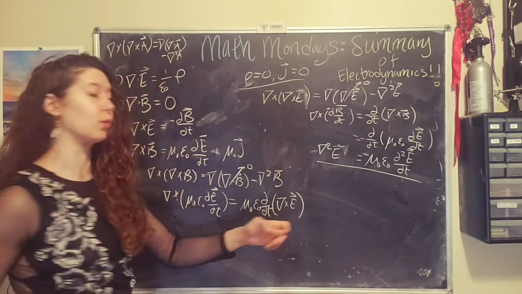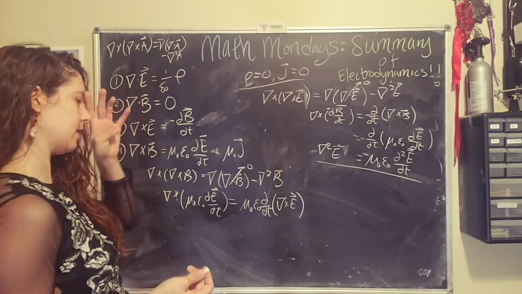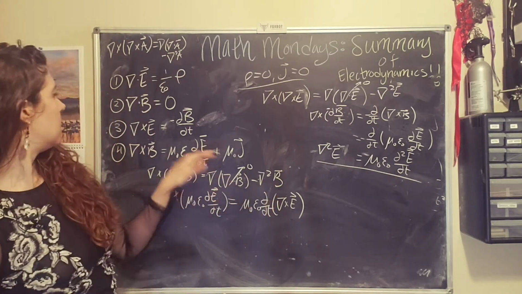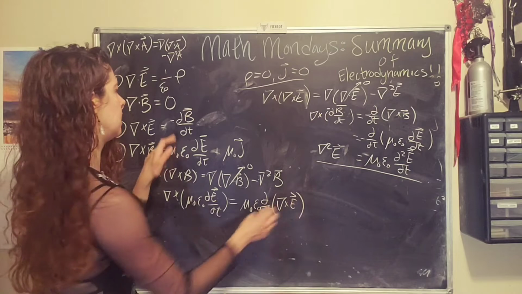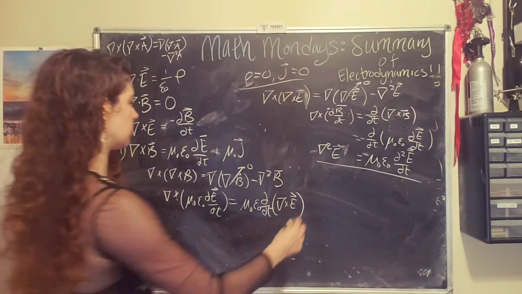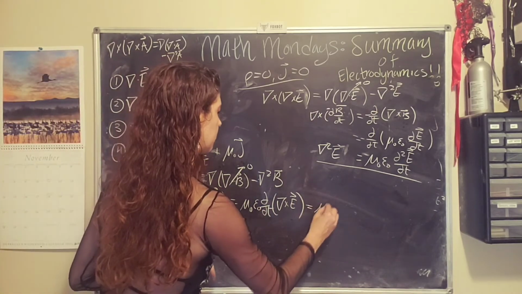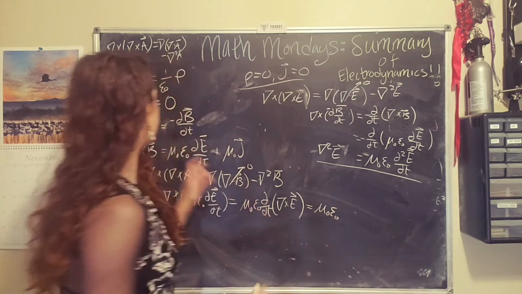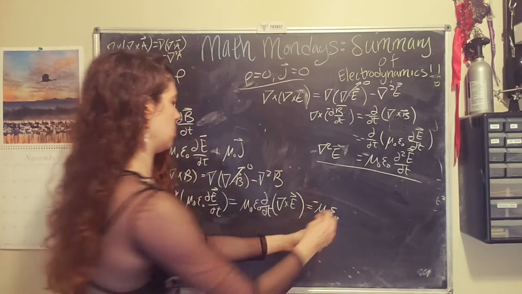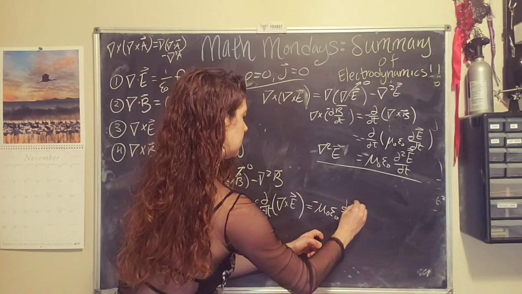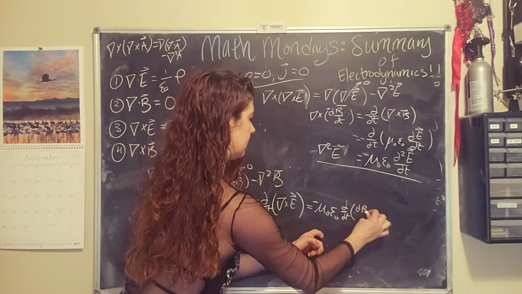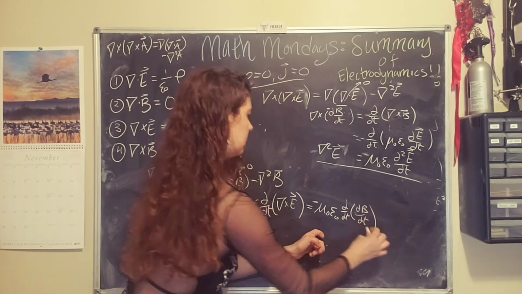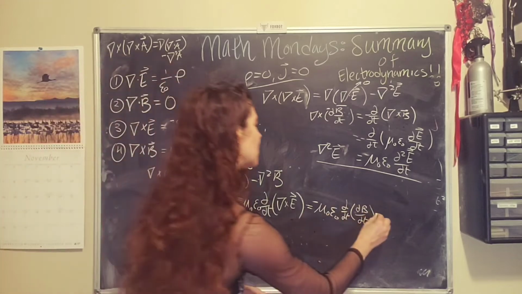And again, we want to get rid of all of the E terms and just get it in terms of the magnetic field. So we're going to replace it with this negative rate of change of the magnetic field. So we end up with mu naught epsilon naught. It's a negative, so we toss the negative out. D dt of dB dt. Hey, okay, this is cool. We're getting there.